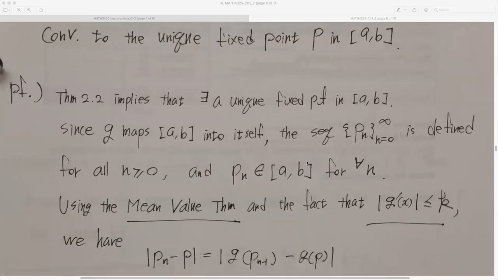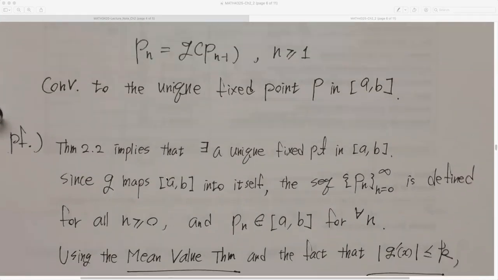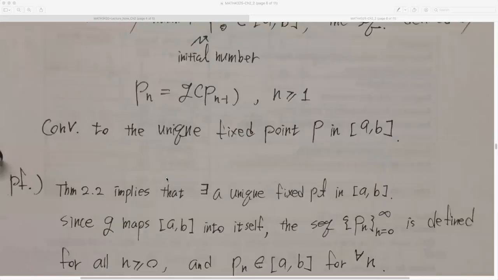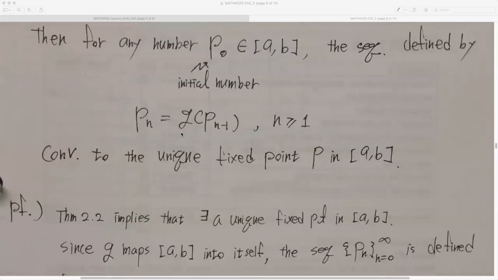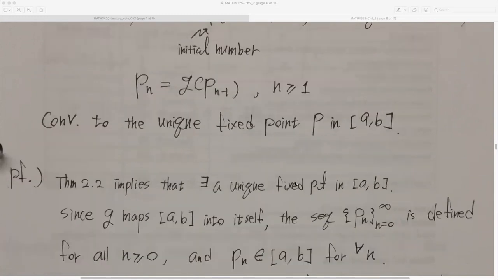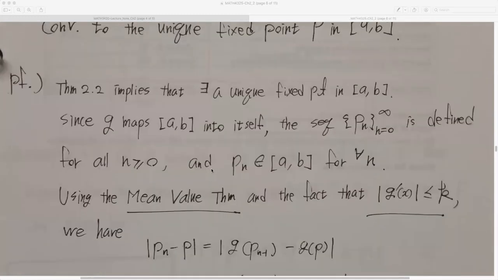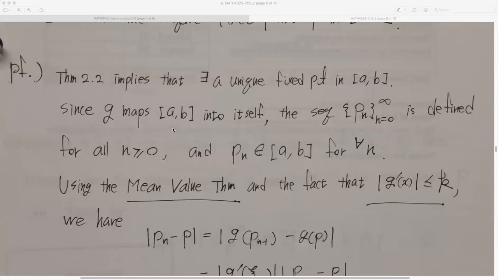Next, since g maps the closed interval [a, b] into itself, the sequence pn is defined for all n greater than or equal to 0. What we are going to prove is that for any initial approximation, that sequence will converge to the fixed point p. Since g maps [a, b] into itself, pn belongs to the closed interval [a, b].